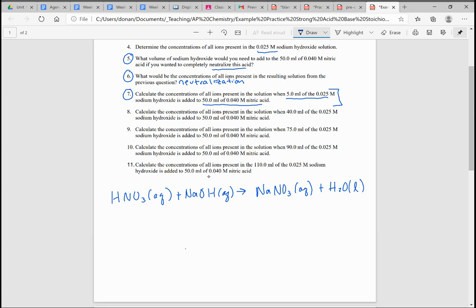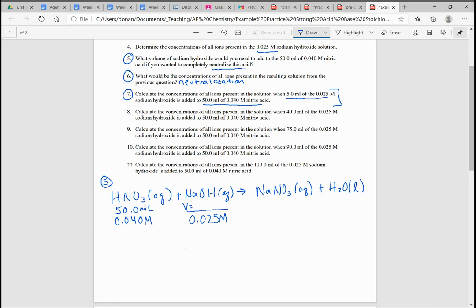Now, for number 5, we're asked what volume of sodium hydroxide, so that's the question, and the molarity of the sodium hydroxide is 0.025 molarity, is needed to neutralize 50.0 milliliters of the nitric acid, that's a 0.040 molarity.